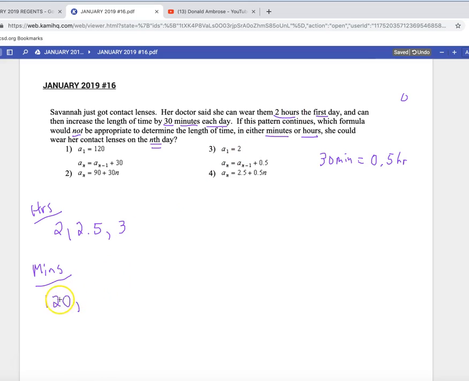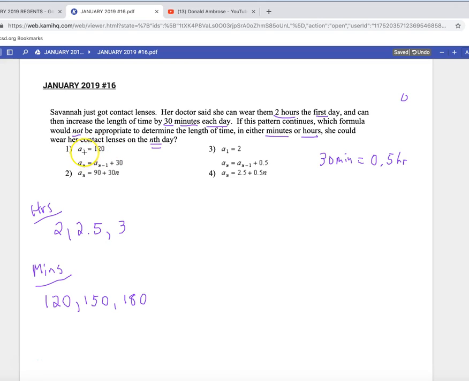Increasing the amount of time by 30 minutes each day, the second day she should be able to wear contact lenses for 150 minutes. Third day, increase the amount by another 30 minutes, and she should be able to wear them for 180 minutes. So now we know what the first 3 terms of the sequence should be, whether we're in hours or minutes, and we can see which of these choices would not work.